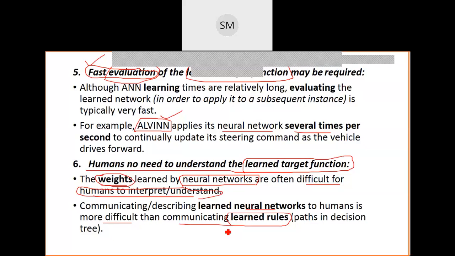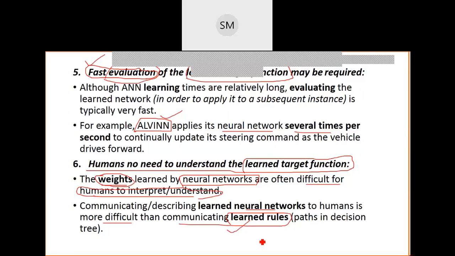I already used the word rules in the previous module. If you remember, rules are nothing but the path from the root node to a leaf node in our decision tree, right? So we can explain this to human beings and they can also understand it easily.